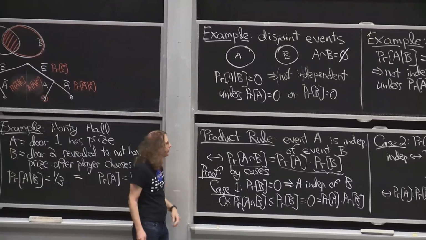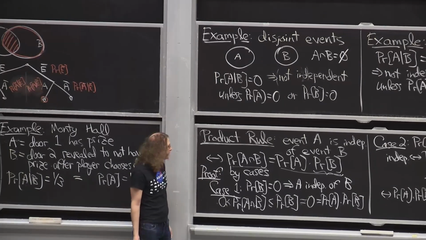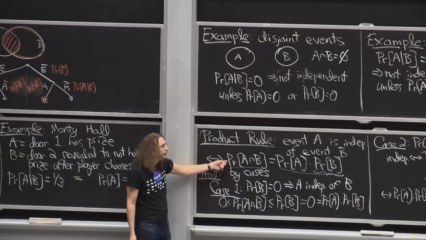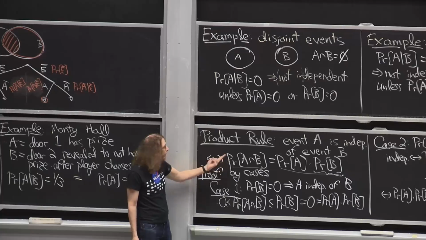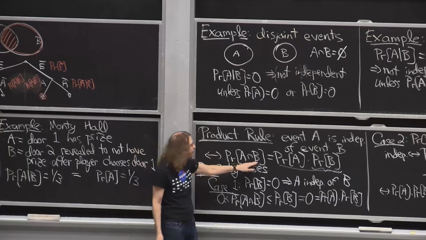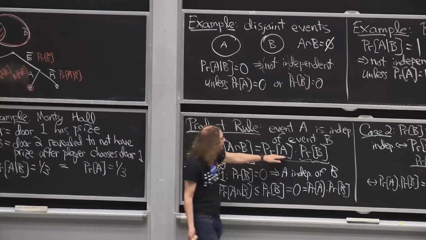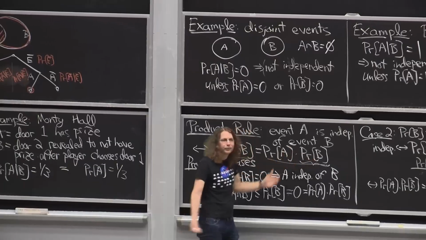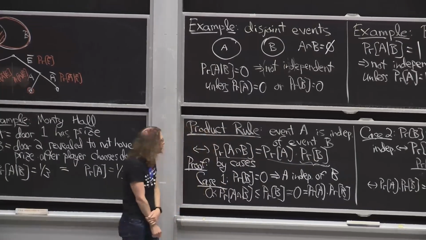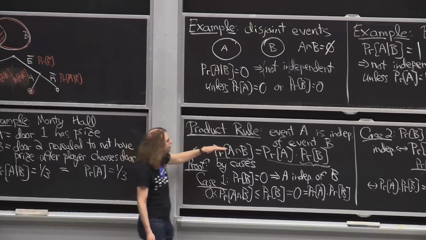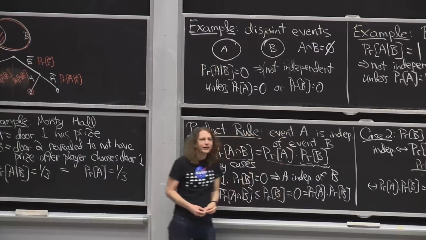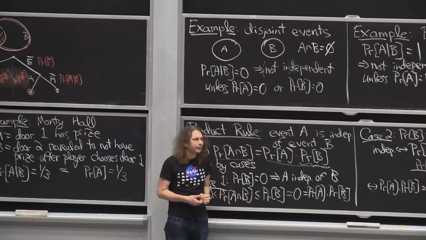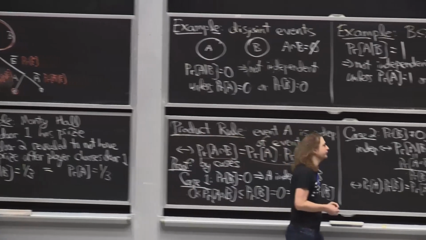You might see both. They're equivalent, so you could use either one. This definition is symmetric in A and B. If I swap A and B, I get exactly the same thing: A intersect B is the same as B intersect A, and probability of A times probability of B is the same as probability of B times probability of A. So I no longer have to say A is independent of B. I can just say A and B are independent without worrying about which one's first.